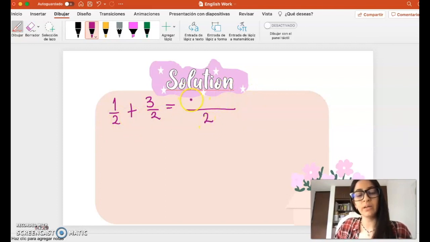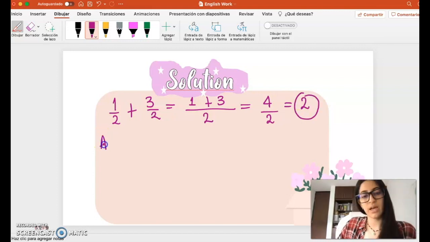And then we have to plus this number 1 plus the second number of the second fraction, that is 3. And the result of the solution is 1 plus 3 is 4 divide by 2, or 2 wholes.